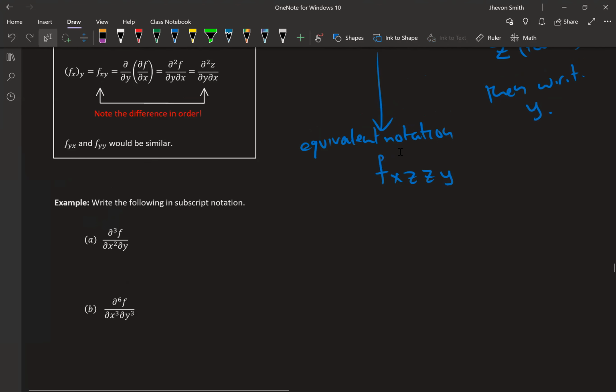I already did an example here, but maybe fill these in. Jason, give me the subscript notation for this one. I would say f sub y, x, x, x. That's 6 derivatives.